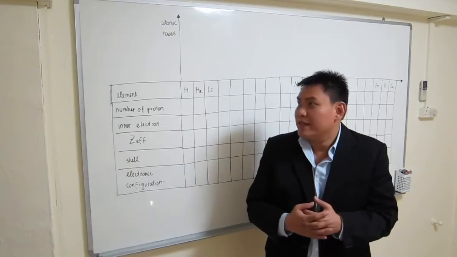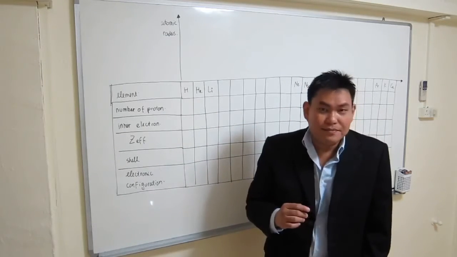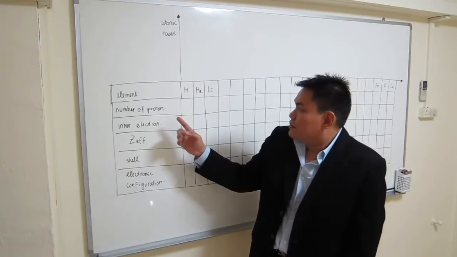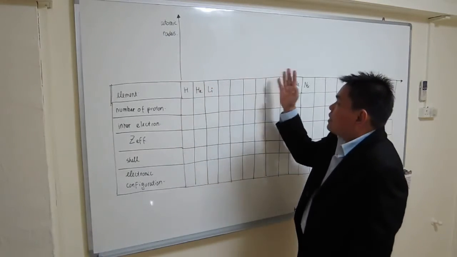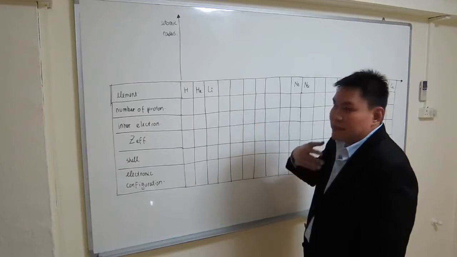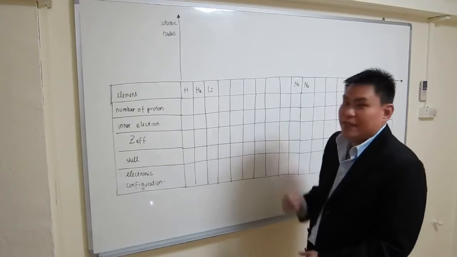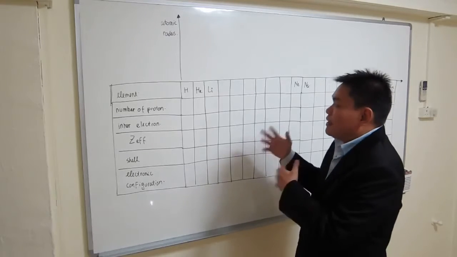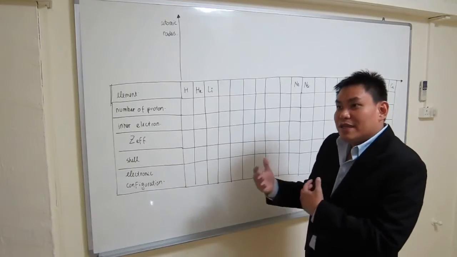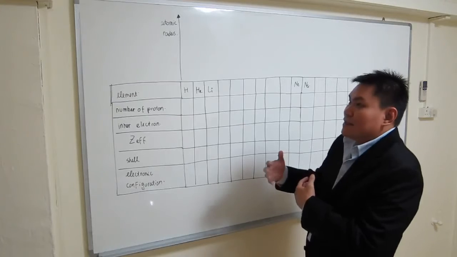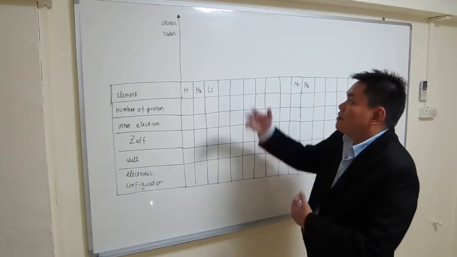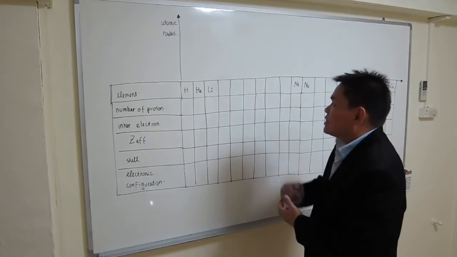So I came up with the idea that to understand the trend in atomic radius, it is better if the student has a certain activity, which is filling up this table. By filling up this table, the student can understand how the atomic radius changes.